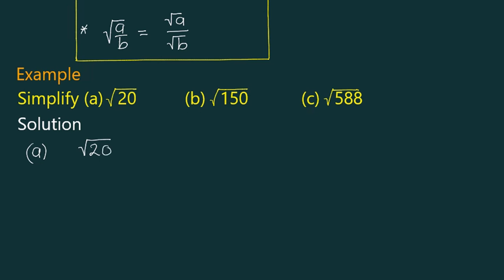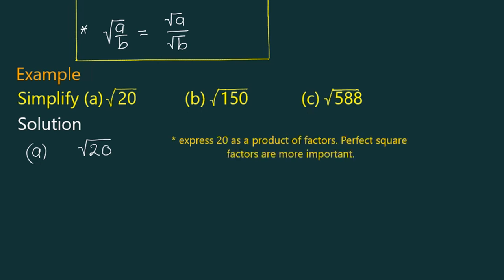Alright, so the way to do it is to look for factors of 20, or to express 20 as a product of factors. But you see, 20 has got many factors. The way to do it right here would be to consider mainly perfect square factors of 20. Like we know that 20 is equal to 4 times 5.